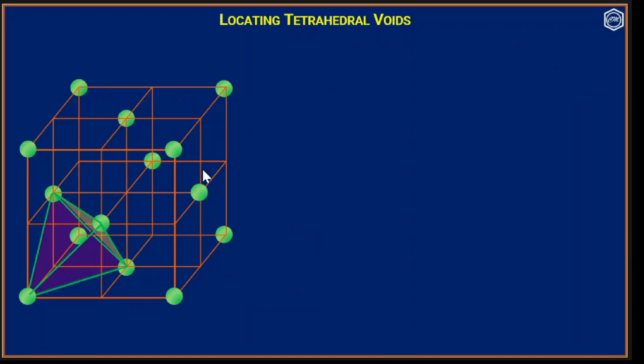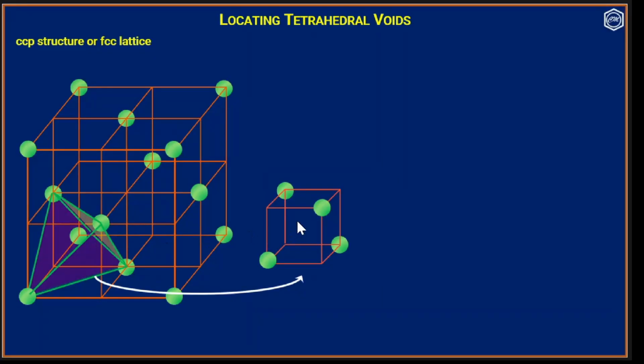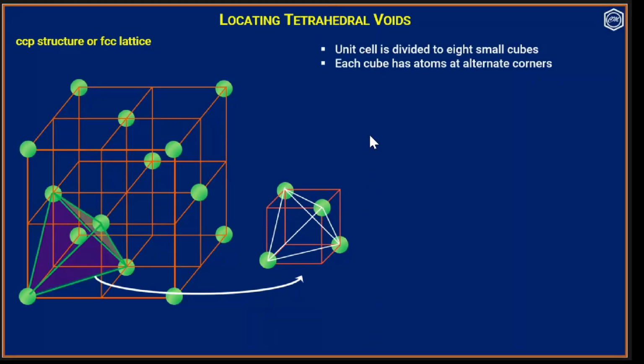Imagine a cubic close packed structure, which is the same as a face-centered lattice. Let me divide this unit cell into 8 small cubes, and I am taking one such cube out. In these cubes, alternate corners possess atoms, and if you join the atoms you will get a tetrahedron.